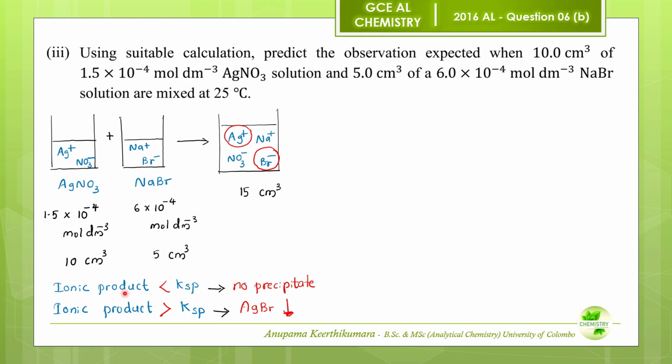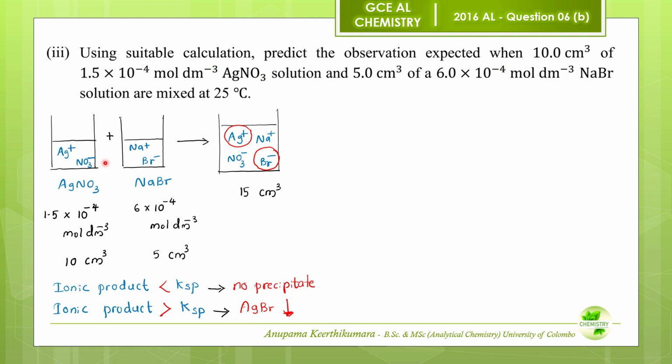To find the ionic product, we need the concentration of Ag+ ions and Br- ions in the final mixture. The initial concentration of silver nitrate and the initial concentration of sodium bromide were given in the question.